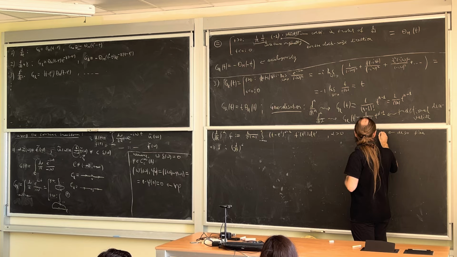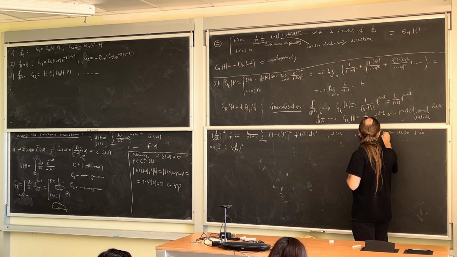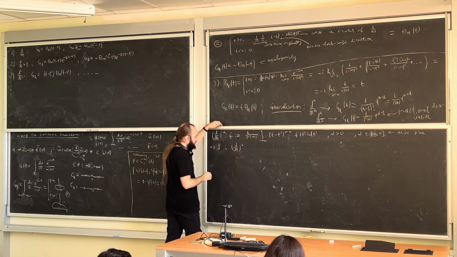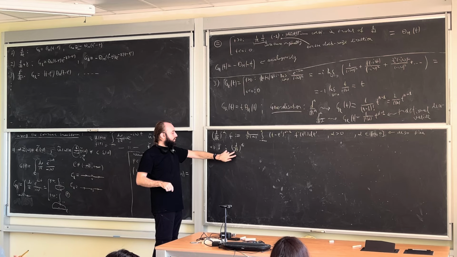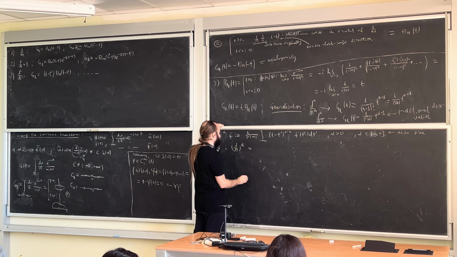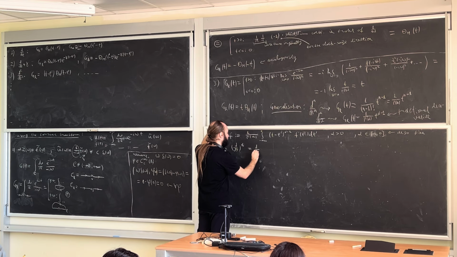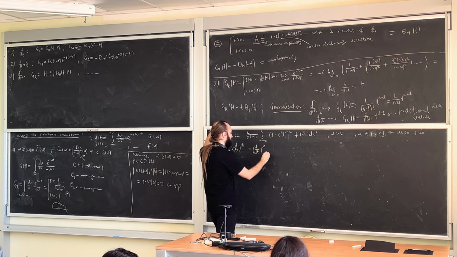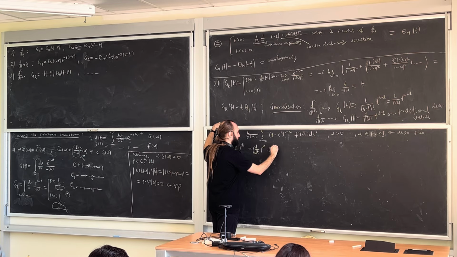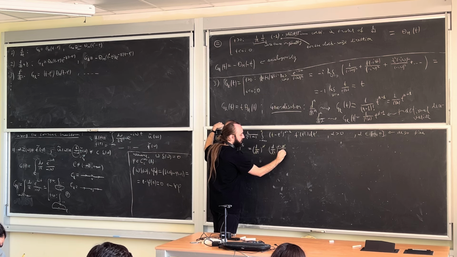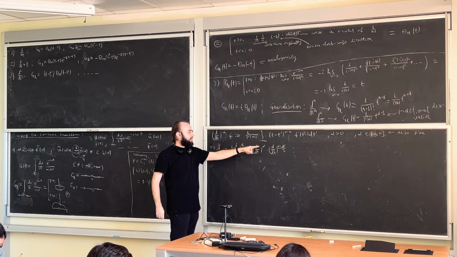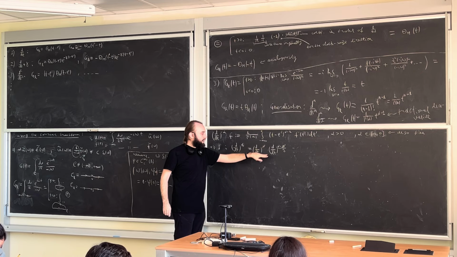Alpha from minus 1 to 0. And if you want to consider fractional derivative with positive power of d over dt, then we can simply decompose it as d over dt to the power n times d over dt to the power alpha minus n, such that this is less or equal than 0.